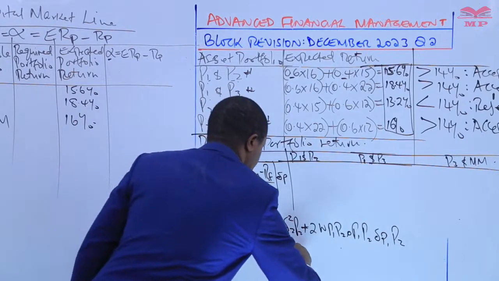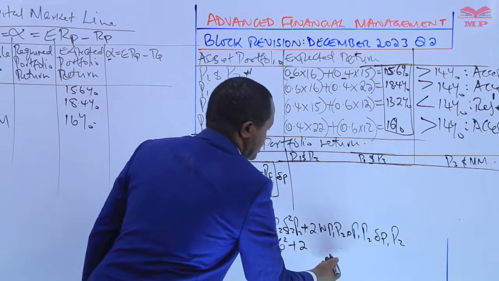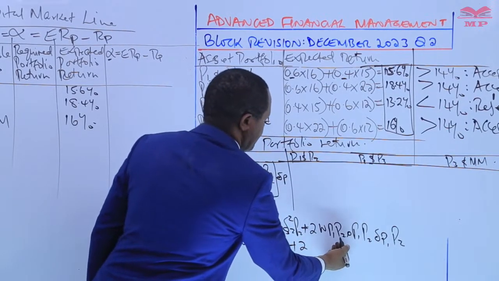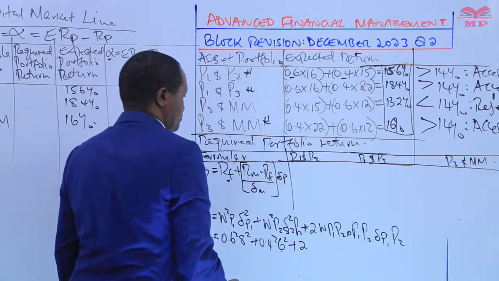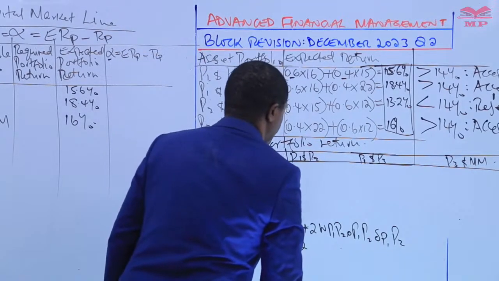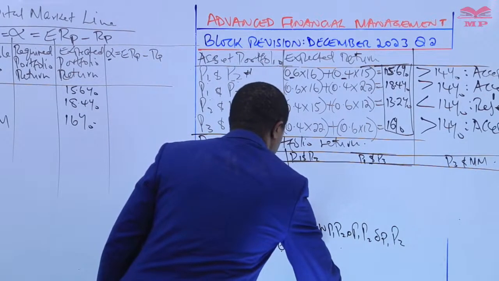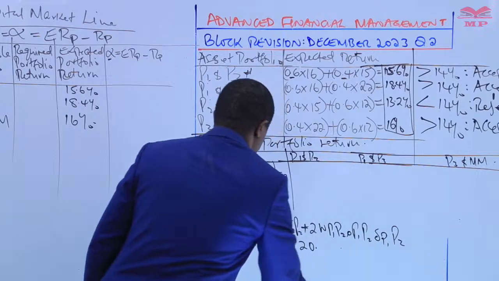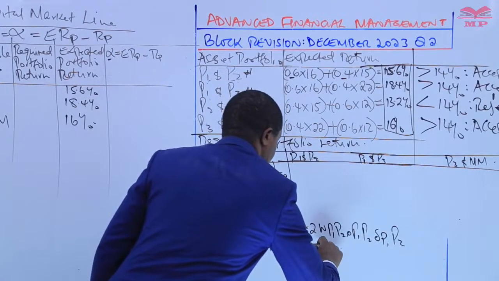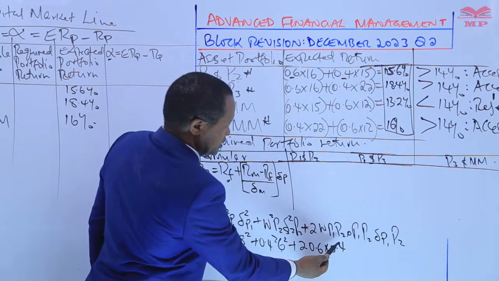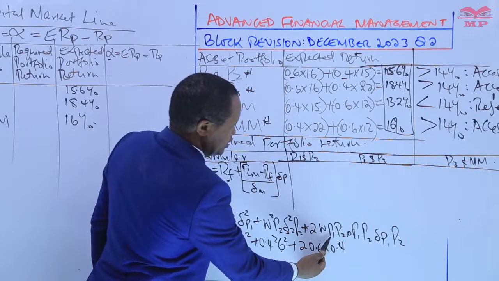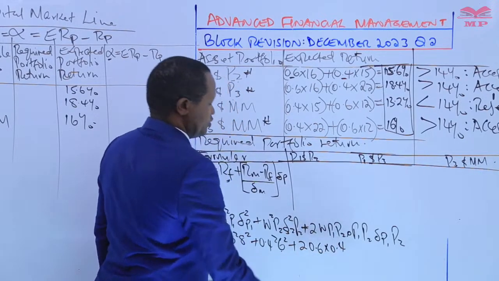Then we add 2 times the weight of P1 and P2, which is 0.6 times 0.4. You multiply the weights of P1 and P2.